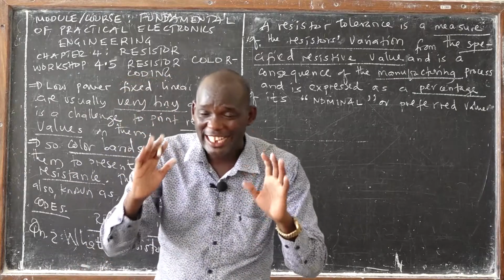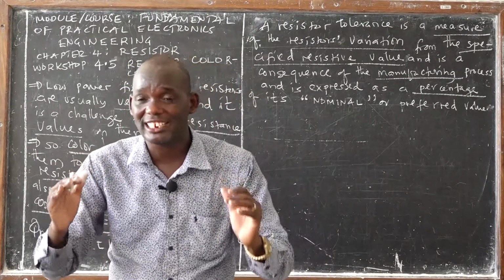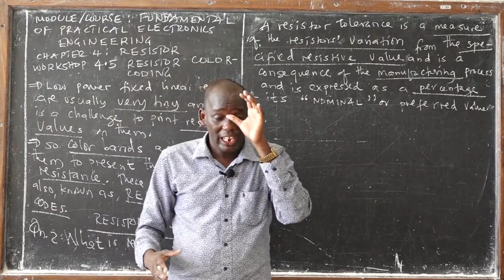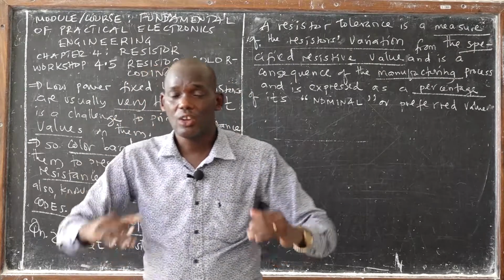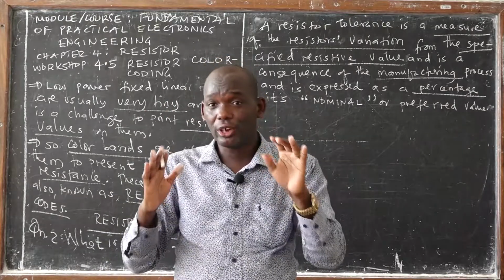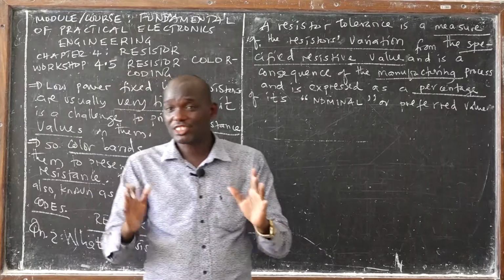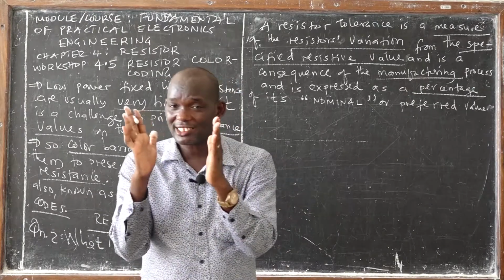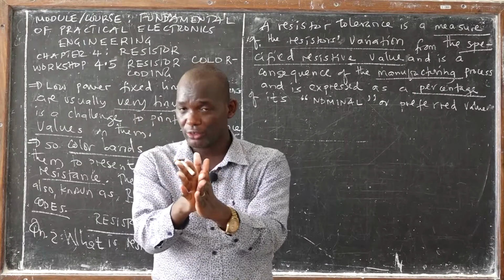So resistor tolerance, in other words, is the acceptable error. When you have a standard resistor whose resistance is 100 ohm, that resistor must have a tolerance, an acceptable error. The standard is 100, the middle value.